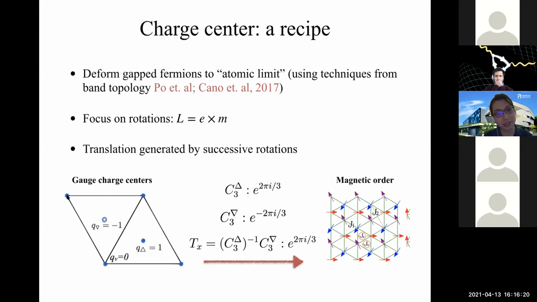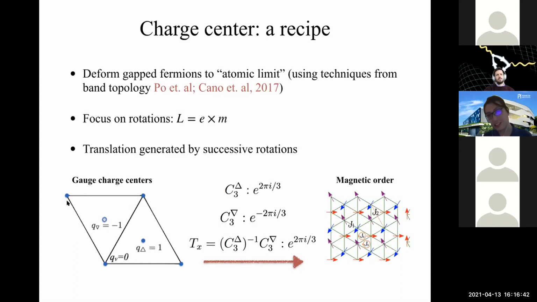What you end up getting is one fermion at each lattice site, one fermion on each upward triangle center, and -1 charge on each downward triangle center. You end up with a simple picture like this.